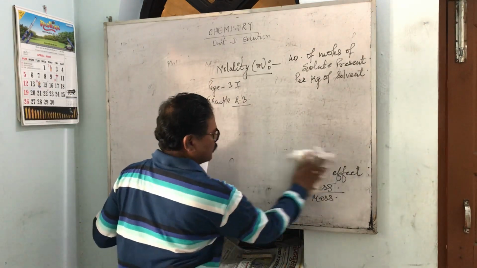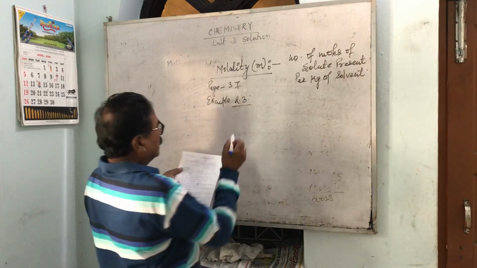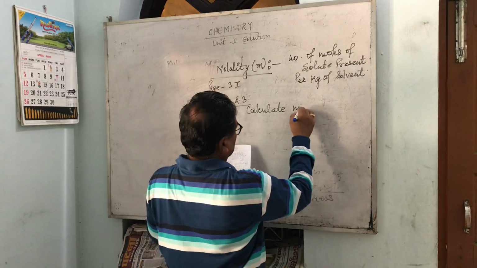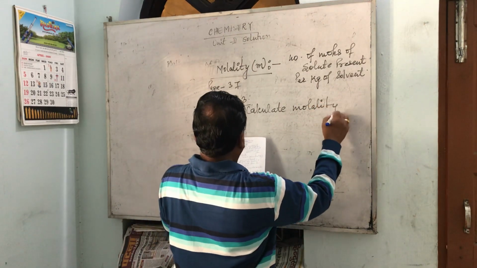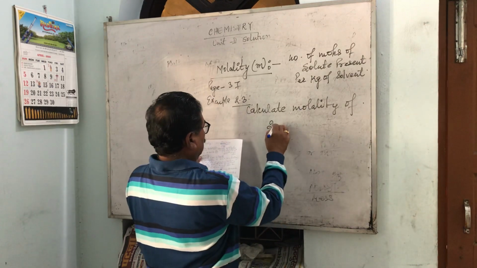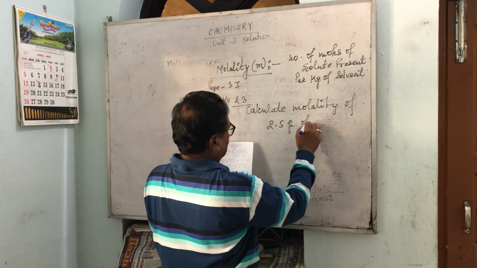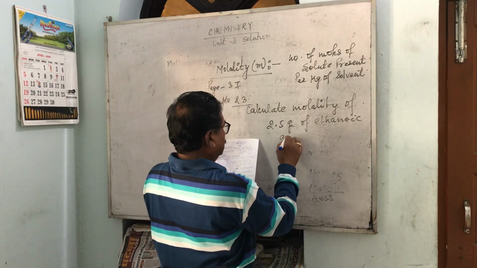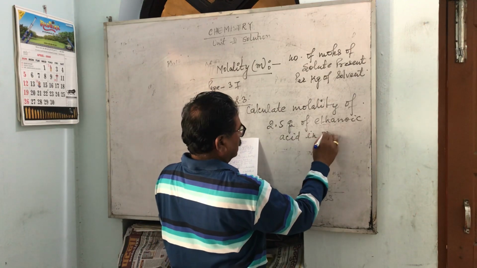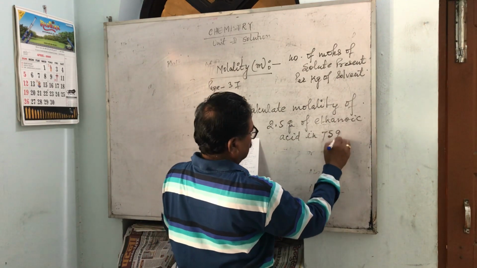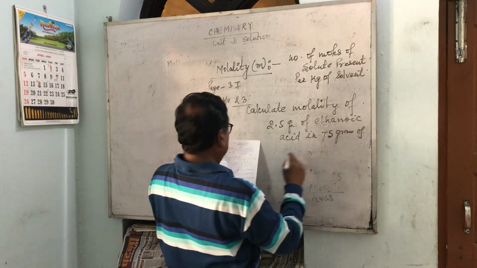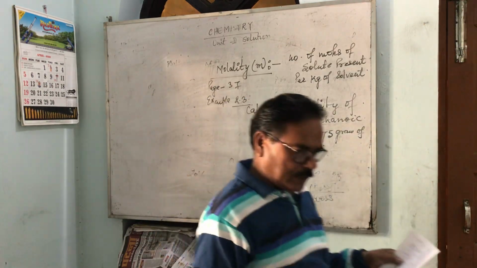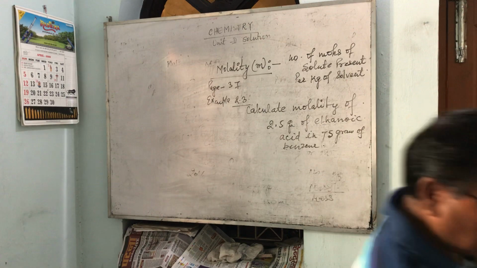So first I write the problem here. Calculate molality of 2.5 gram of ethanoic acid in 75 gram of benzene, right?